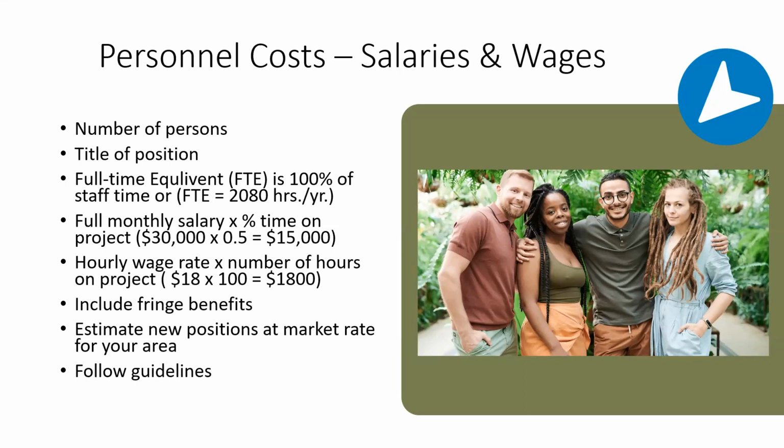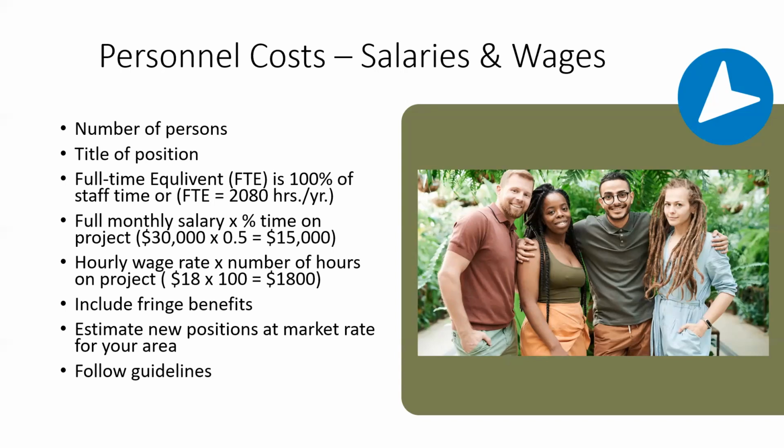A way that it's often calculated is, many times we have staff people that are only working part-time on the project because their full-time job is working for your organization, and part of their full-time job will be this project. So if that's the case, you might calculate it by taking their salary times the percent they're going to spend on the project.